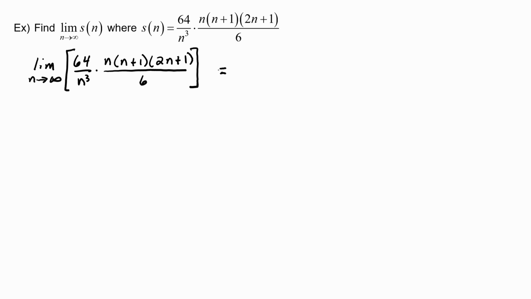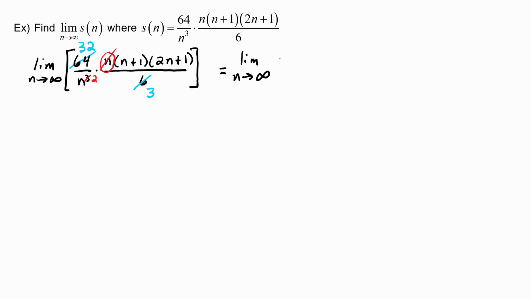Now this will equal the limit as n goes to infinity. Let's do some simplifying here. We have an n here that will cancel one of the n's down here, and that will become n squared. We also have coefficients of 64 and 6, and they have a common factor of 2. We know 2 goes into 6 3 times, and 2 goes into 64 32 times.